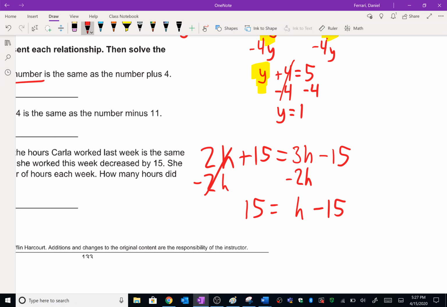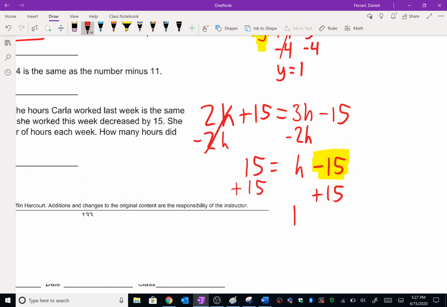Now, because I set up my problem the way I did, because I gave myself a positive h, I already have 1h. So all I need to get rid of now is this negative 15. The way I'm going to do that is I'm going to add 15 and add 15, and that's going to give me h equals 30.